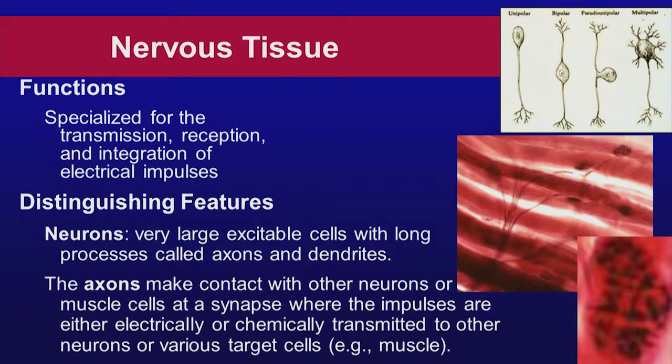And here you can see the black strands that are nerves that are going to individual muscle cells. So the long strips that you see are muscle cells. The black dots that you see are the interaction between the nerve and the muscle. And so you have chemical or electrical messages that are transmitted to the muscle cell to allow it to contract.